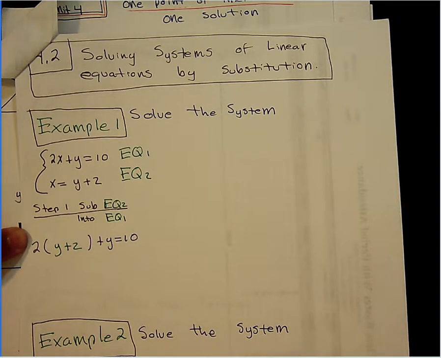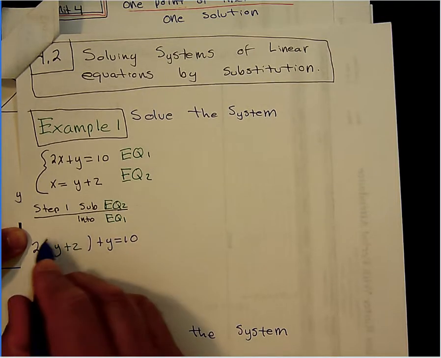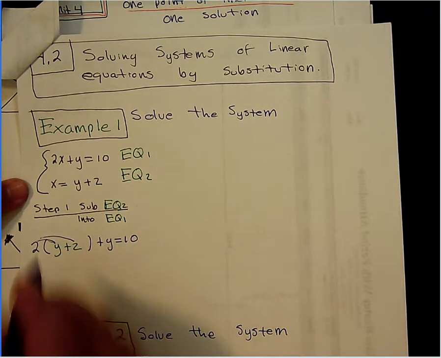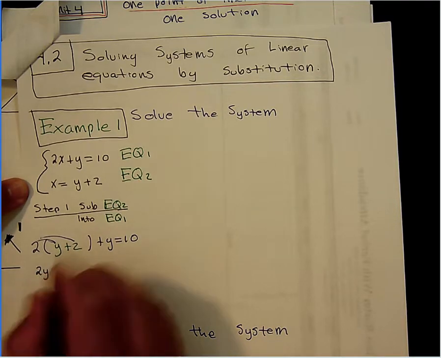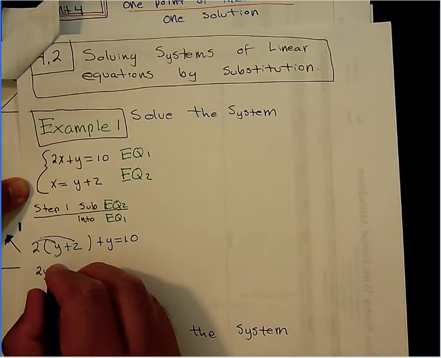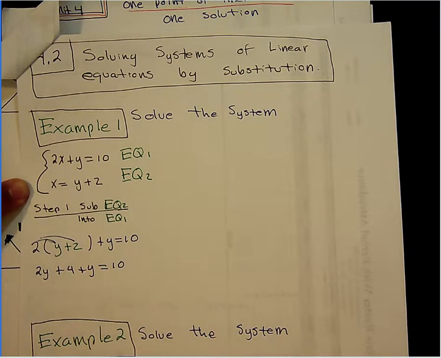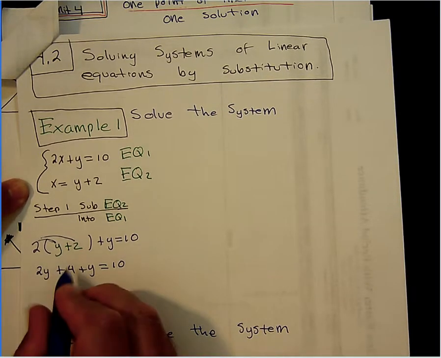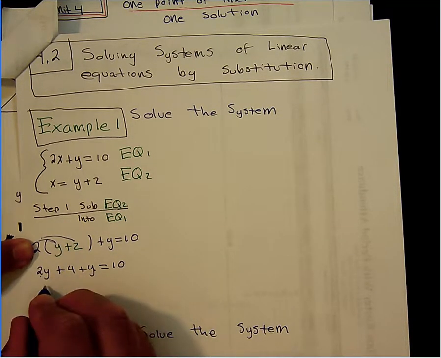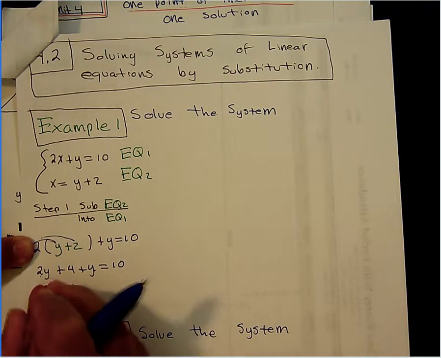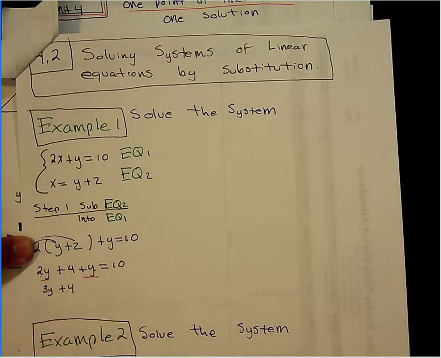After that, all I need to do is solve. So you distribute here, and you get 2y plus 4 plus y equals 10. Combine these two terms, so that would be 3y plus 4; there's a 1 here.